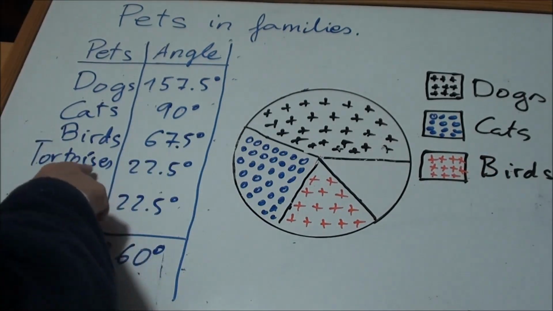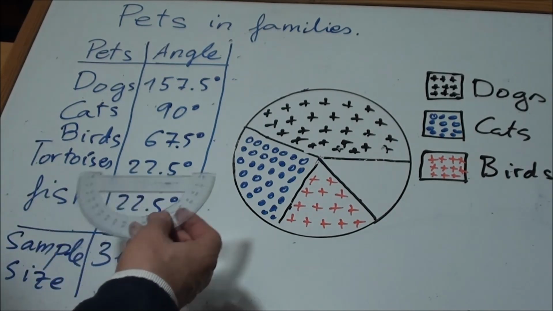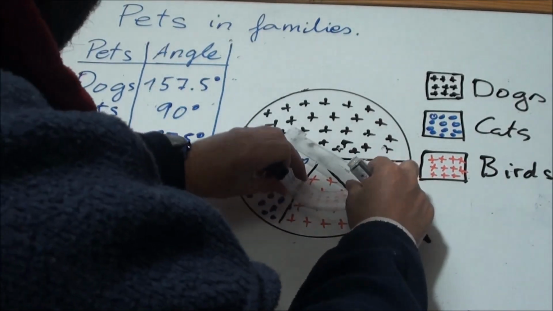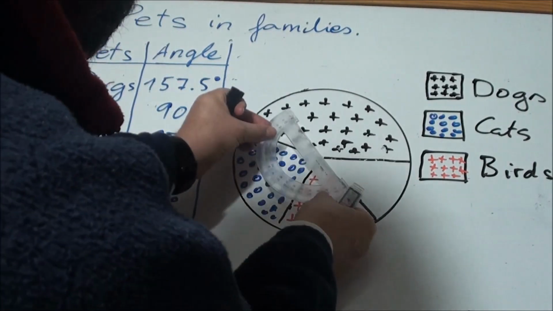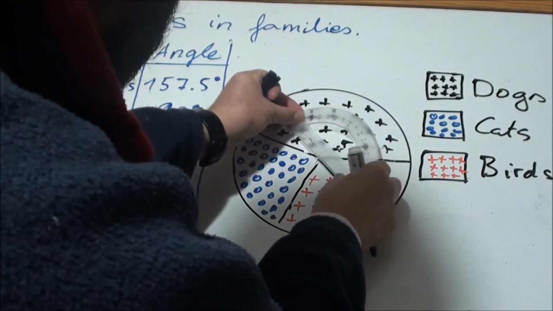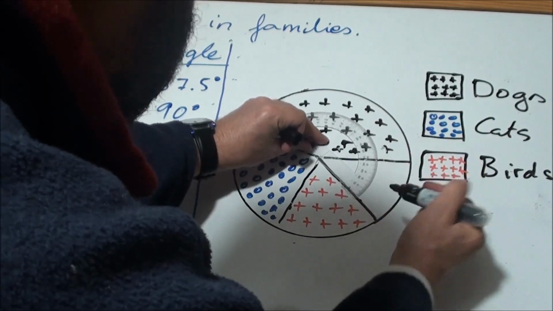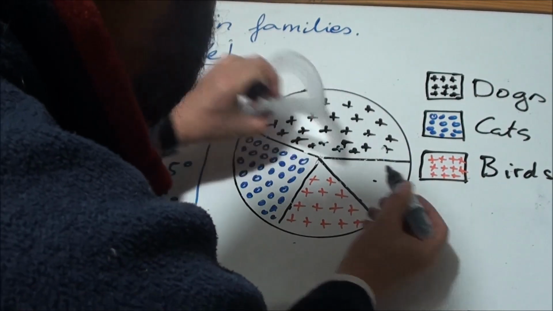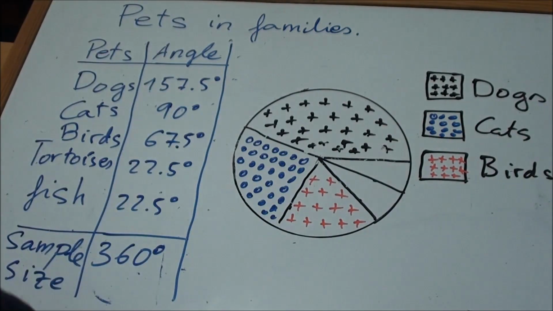And now finally we have tortoises and fish, which is the same for 22.5, so let's do it. It would be dividing this part into halves. 22.5, it would be here, which is more or less half of the remaining part.